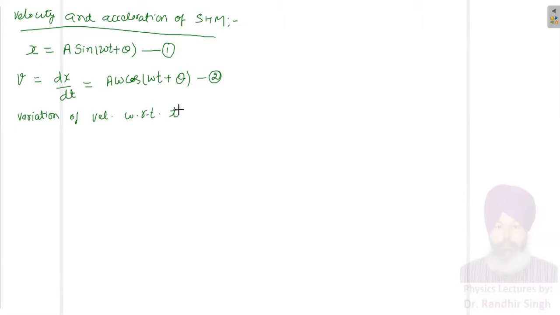So please see that amplitude is the maximum value of a quantity.